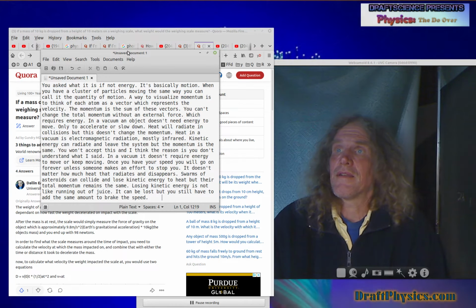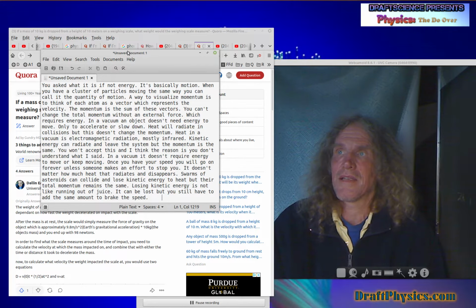Okay, heat in a vacuum, mostly infrared. Kinetic energy can radiate and leave the system, but the momentum is the same. So that is just preposterous. Now you have zero evidence for that ever happening in the history of mankind. Kinetic energy can radiate and leave a system, but the momentum is the same.